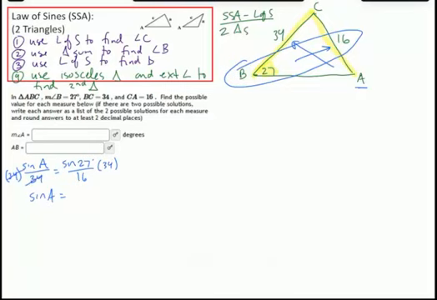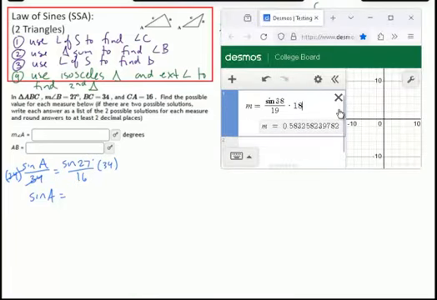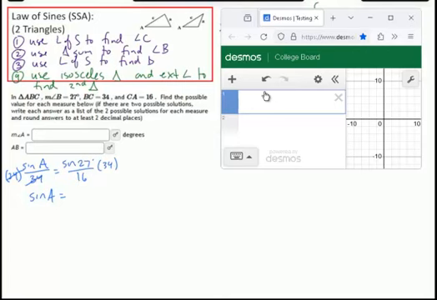So if I go ahead and do the calculations for this, I get sine of 27, divide that by 16, and then multiply by 34. So that is my ratio here, 0.9647.